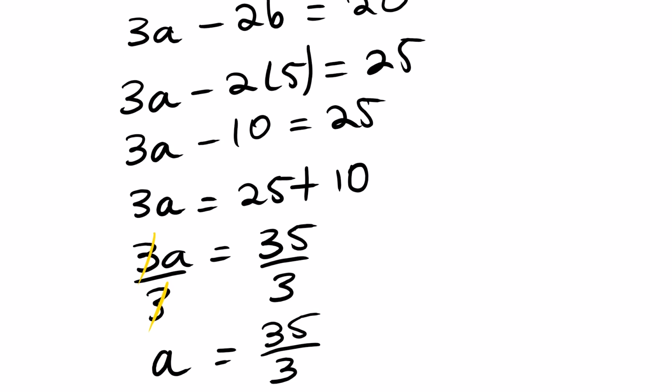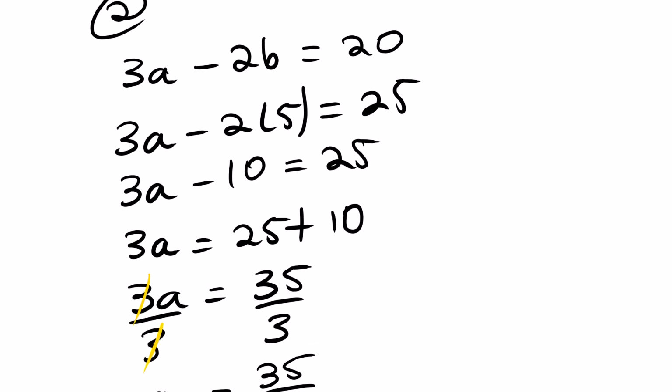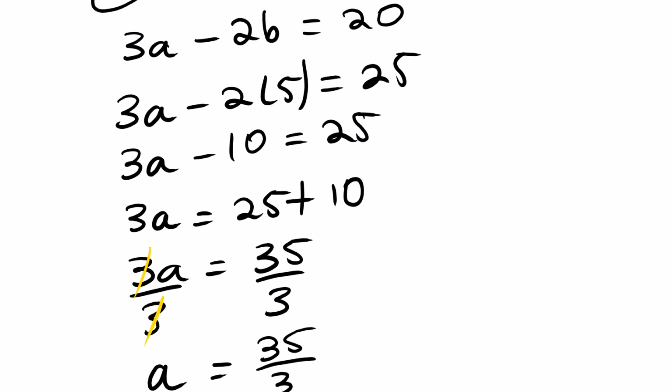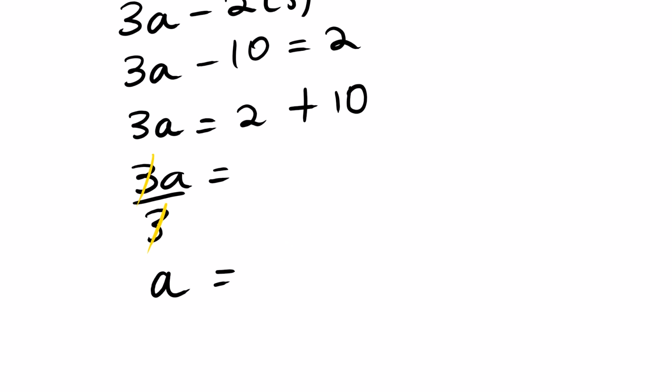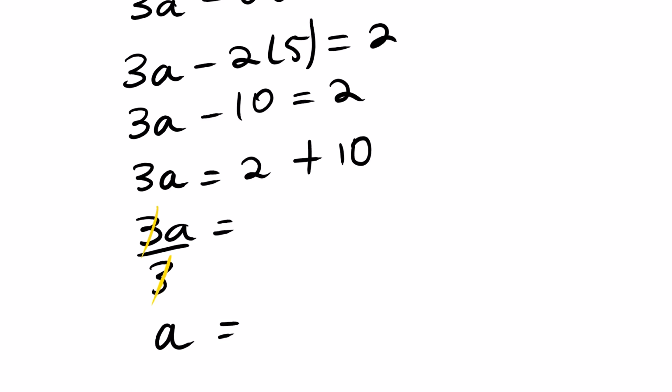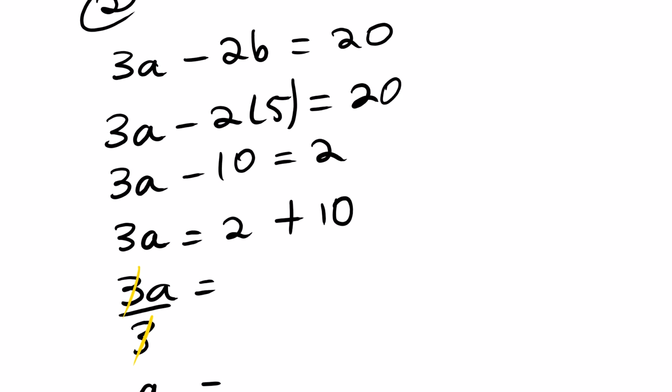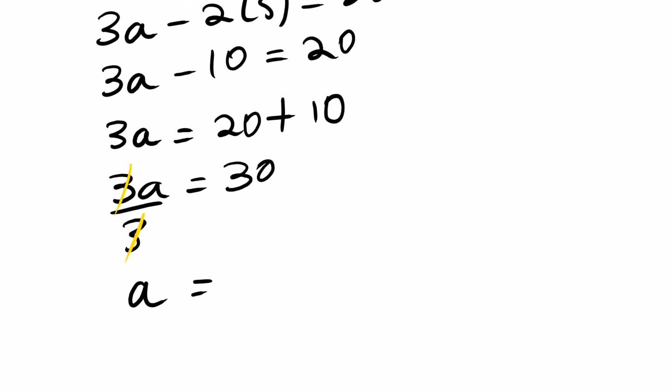Let us quickly verify. Oh, there's a problem here. Let us quickly rectify this. This is not 25. In fact, it's 20. So let us quickly rectify this. Okay, we have 20, and then 20 plus 10, we have 30.